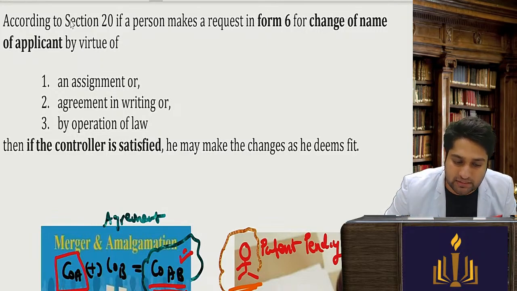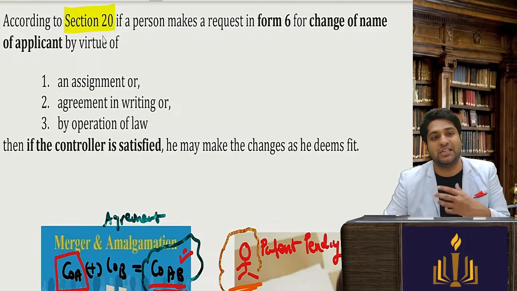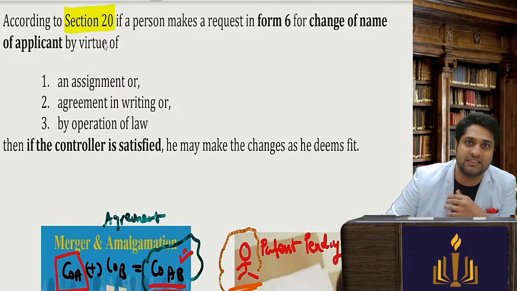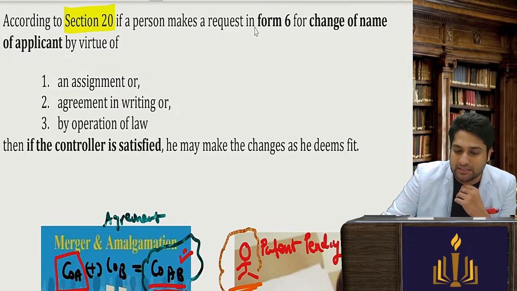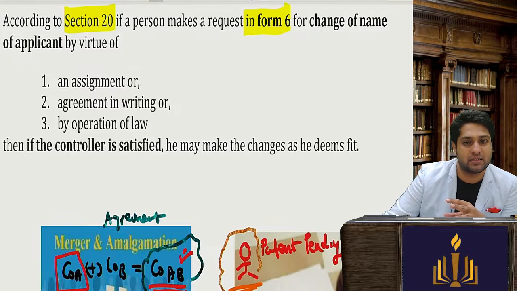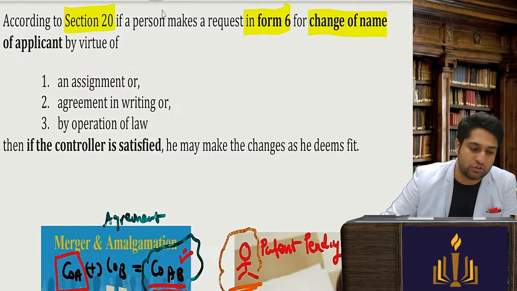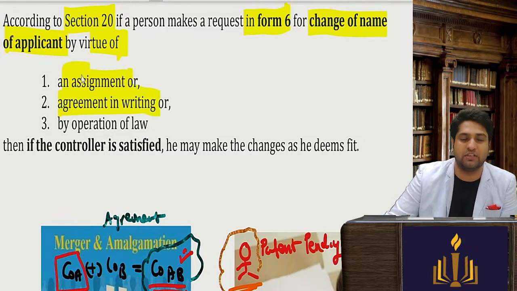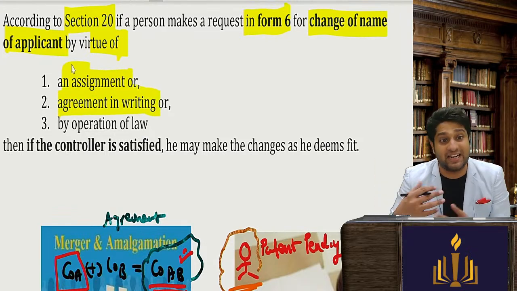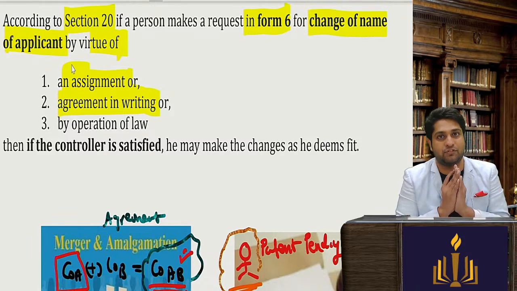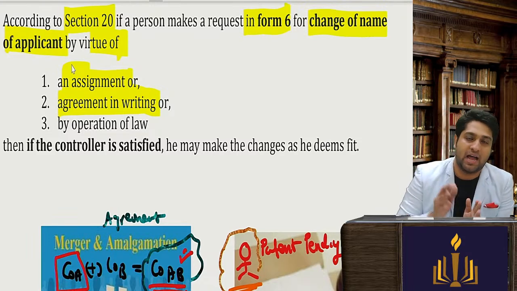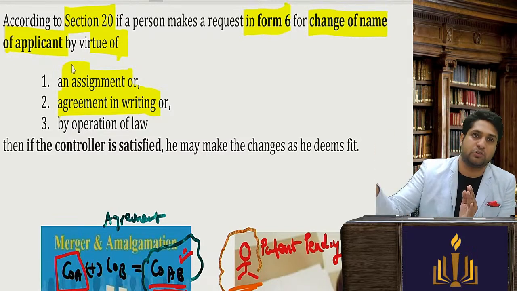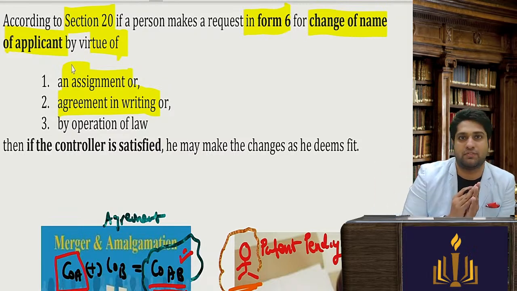So section 20 is about substituting or changing the applicant's name or changing the applicant. This is filed in Form number 6 and it is for change of name of the applicant by virtue of an assignment or an agreement in writing. We saw mergers or sale agreement also. I can say that I have sold my invention to someone else. I had made the application, it was pending, and in between I sold it to someone else.